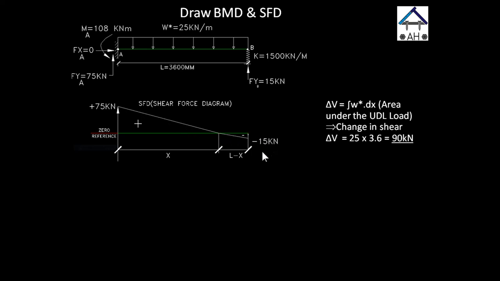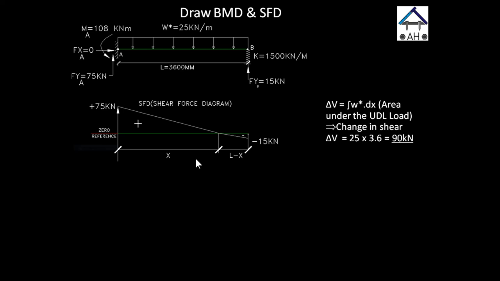So at 75 kilonewton, we go all the way down to 0 at the beam, and then we keep going down and it becomes negative, until we get down to negative 15.